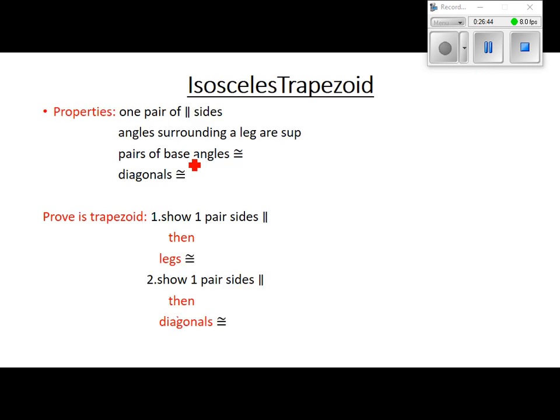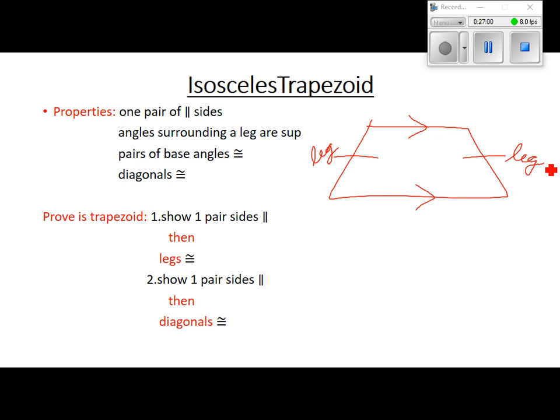If it's an isosceles trapezoid, then it's got a few more, and even though my first one looked like an isosceles trapezoid, in an isosceles trapezoid, what's new about it is the legs have to be congruent to each other. Just like an isosceles triangle, where the legs are congruent, in an isosceles trapezoid, the legs have to be congruent.